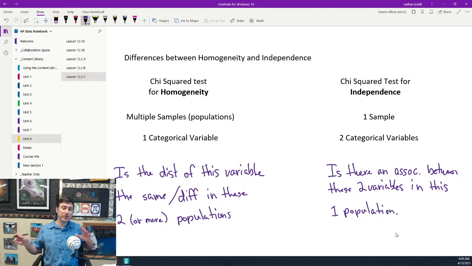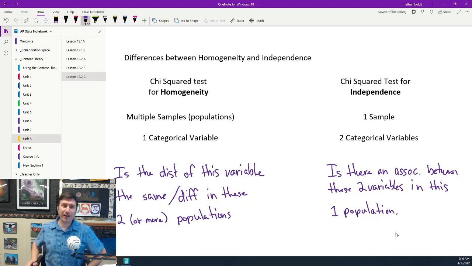And so it really comes down to how your observational study or experiment was designed. Did you have multiple groups and you're looking at multiple populations? Or do you have one population? I think that's really the easy way to tell the difference between the two.